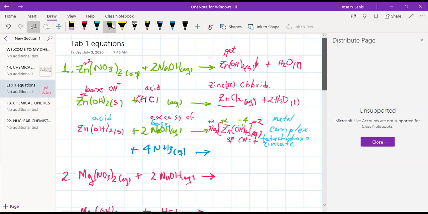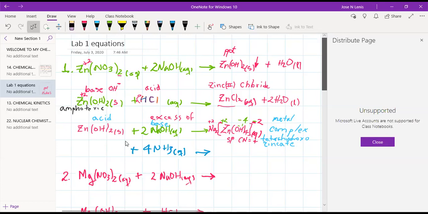Okay. Let's put it. So zinc here is behaving, has a property called amphoteric. Or we can say zinc is amphiprotic. Again, it means zinc can behave as acid or base.